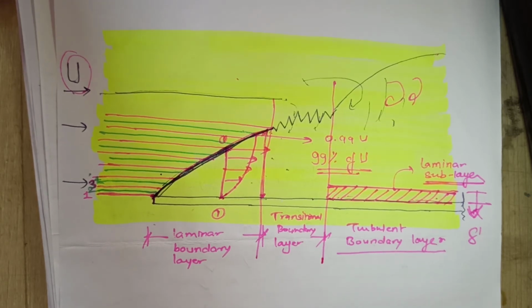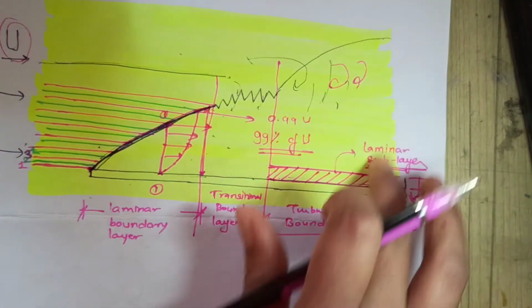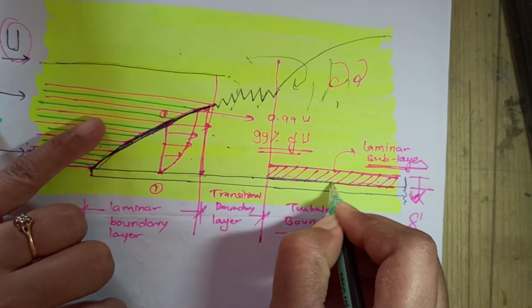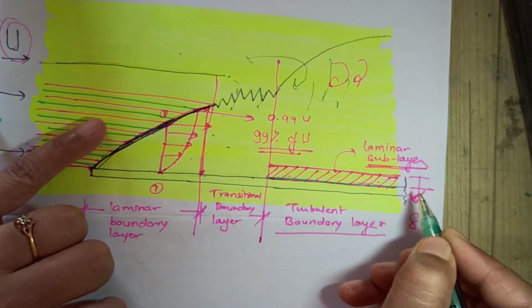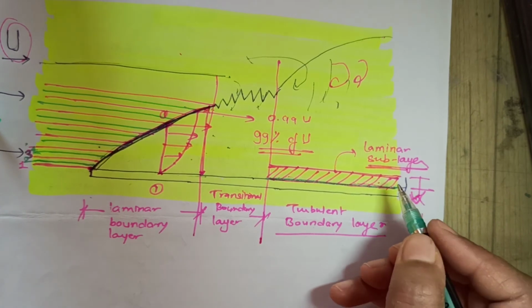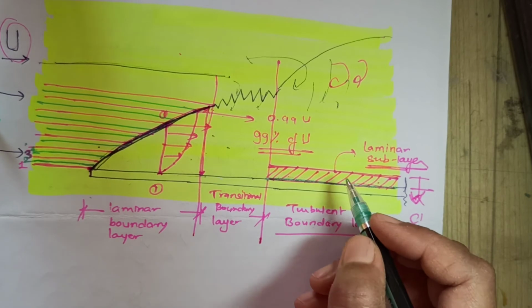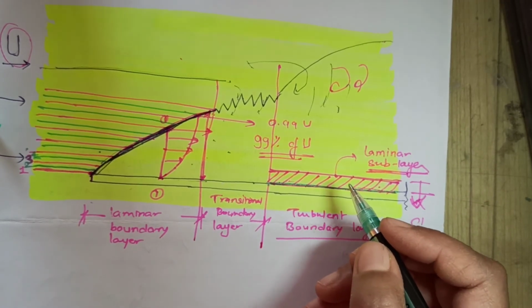Okay, now this will help you in understanding what is a rough boundary and smooth boundary in turbulent flow. Okay, so now consider this part only. Here, if this is the surface of a pipe or parallel plate above which turbulent flow is happening, and there is an existence of laminar sublayer because of the pipe surface or parallel plate surface.